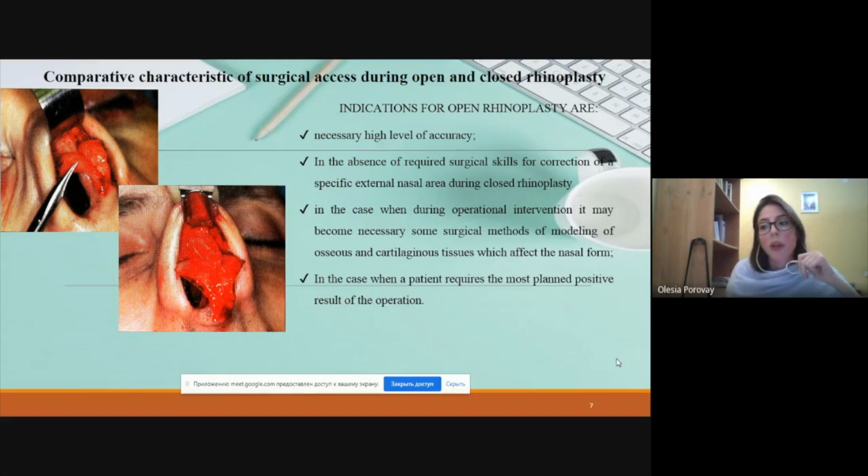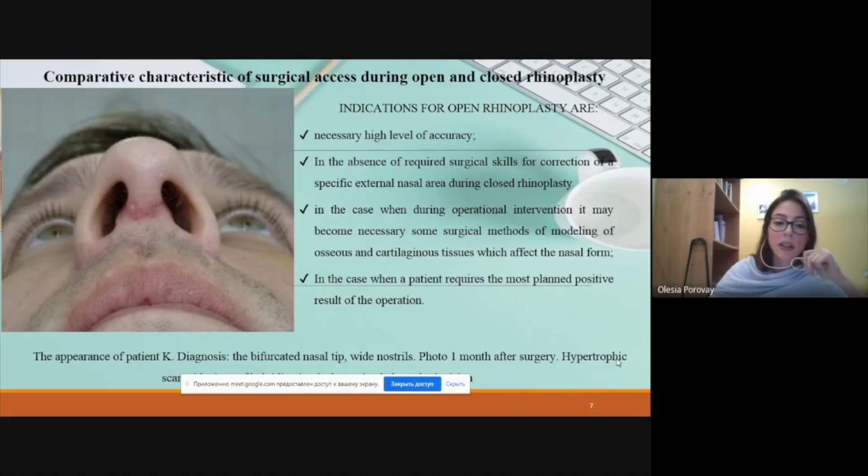Otherwise, we decided that the drawback of open rhinoplasty is the high risk of keloid formation, and by comparison closed access is more aesthetic and cosmetic. Now you can see the picture of our patient with a keloid scar.